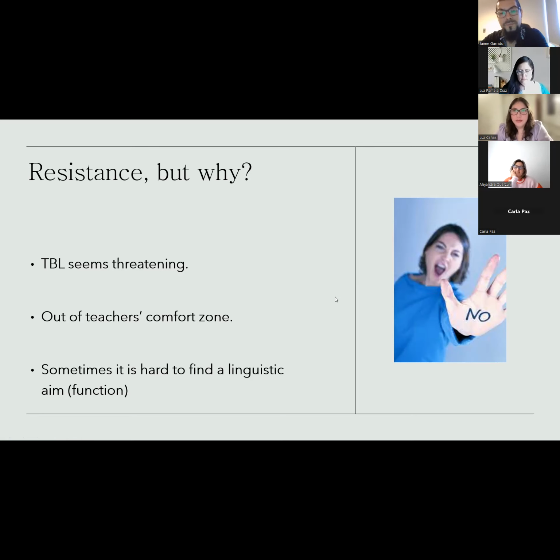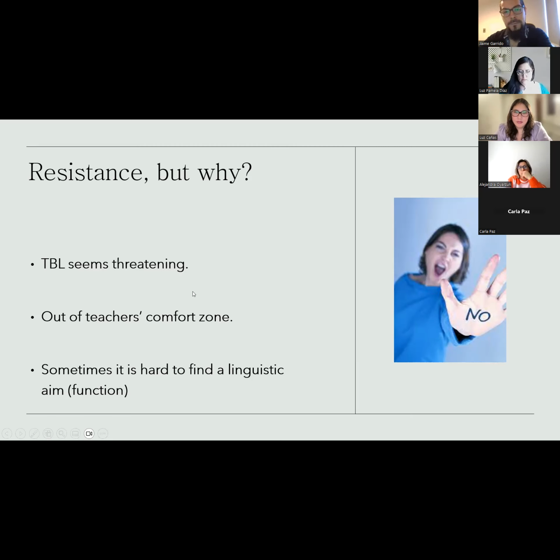Sometimes it's because they're more strict and they want everybody to follow the military seating arrangement all the time, and to have written tests all the time, because we want good results and to train them for whatever test they're taking in the future. And we forget what learning a language is. As we said at the beginning, it's learning a skill, you learn by doing. So TBL seems threatening sometimes.